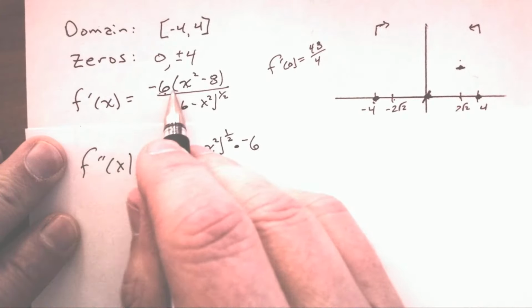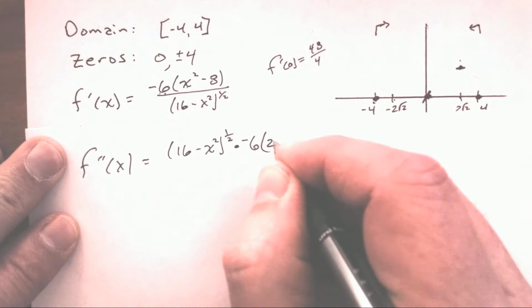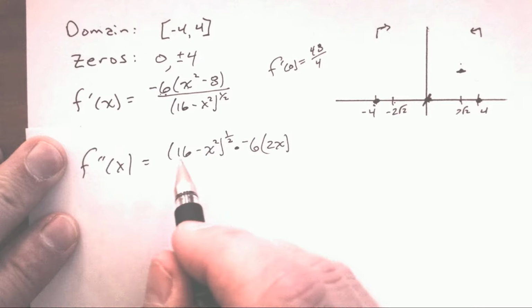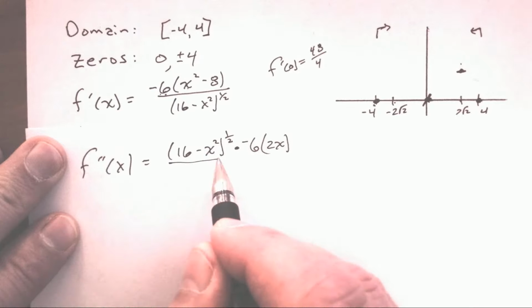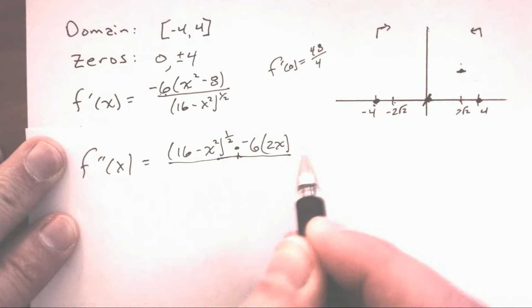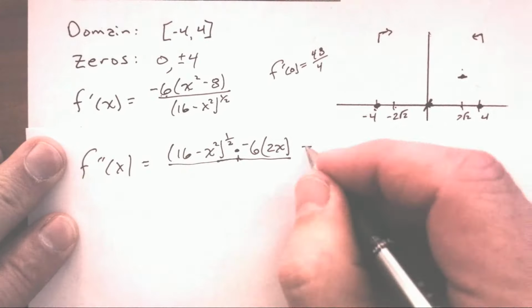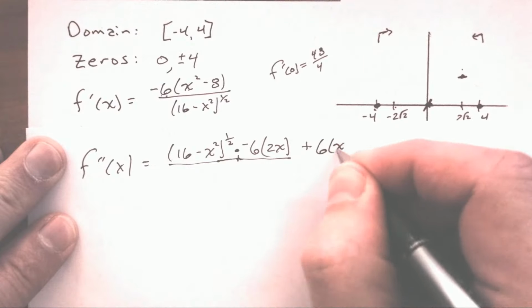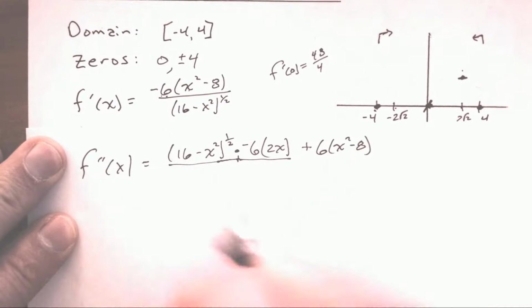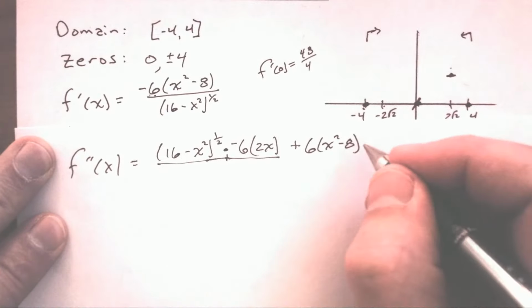It's a coefficient, it survives, and then we take the derivative of x squared minus 8 and we get 2x. So that's low to here, d high, minus high function, that's negative 6, so plus 6x squared minus 8 times derivative low.